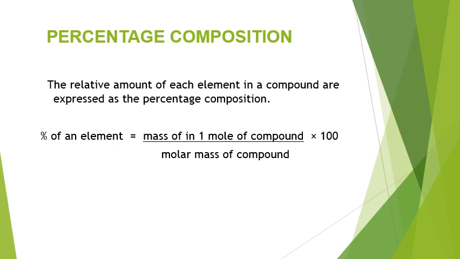So what you have to do is calculate the molar mass of that compound, which will be the denominator, and the mass of that substance which is present in the compound, whether it is with two atoms or three atoms or only a single atom. So the mass of that substance multiplied by the number of atoms present in that formula will be the numerator, and this ratio will be multiplied by 100. This will give you the percentage composition of the substance.